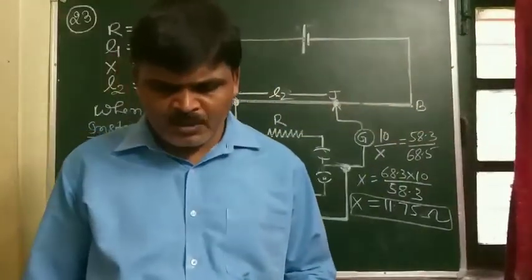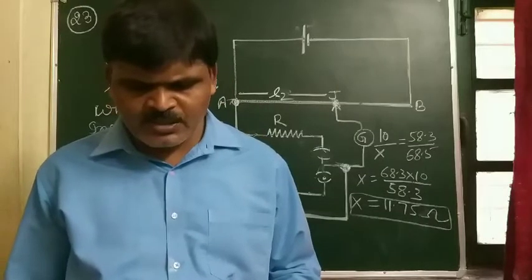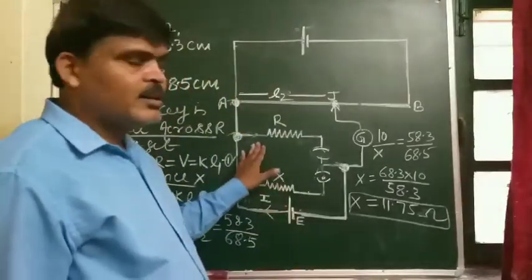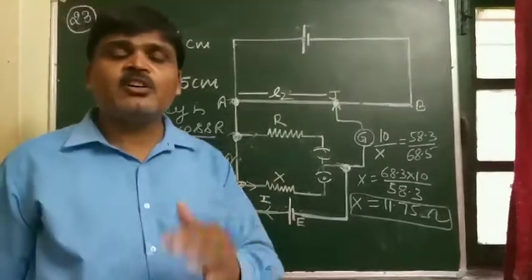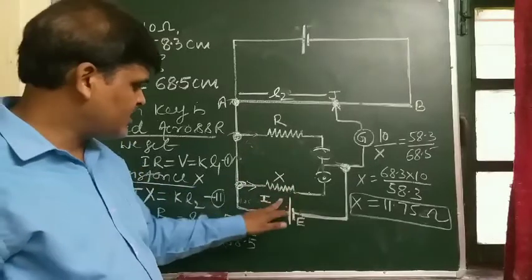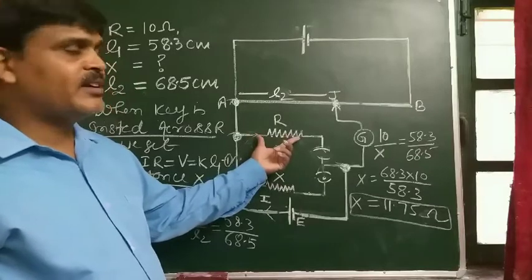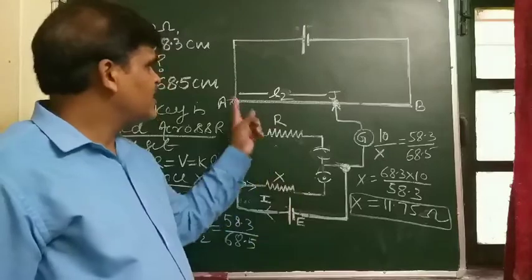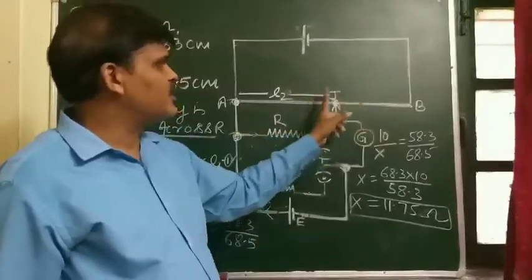Theoretical question: what might you do if you fail to find a balance point with the given cell of EMF E? It means the balance point is not obtained with the given cell of EMF E. It means the potential drop across R or across X is greater than the potential drop across the potentiometer wire AB.